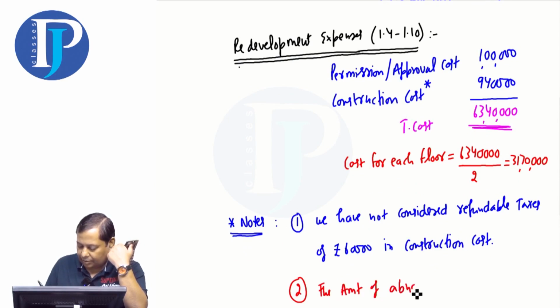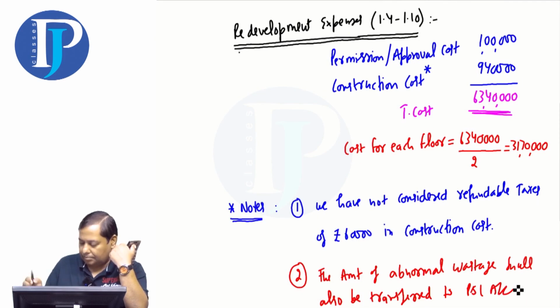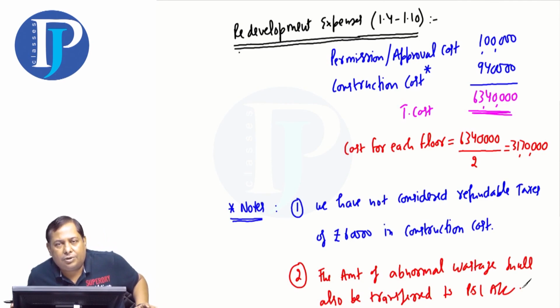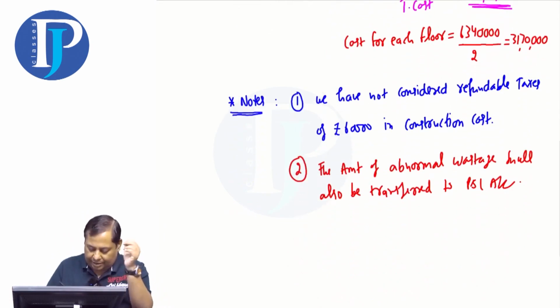The amount of abnormal wastage shall also be transferred to P&L. We will not take the cost of abnormal waste and refundable duties. We got the cost of 1 floor. This is the first part of the question. Let's move now to the second part.